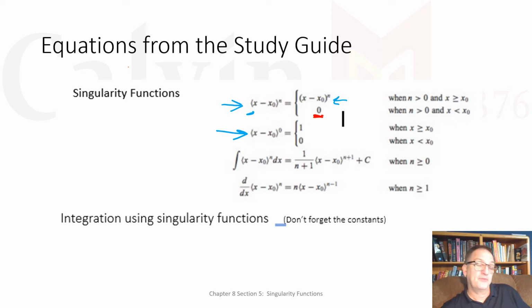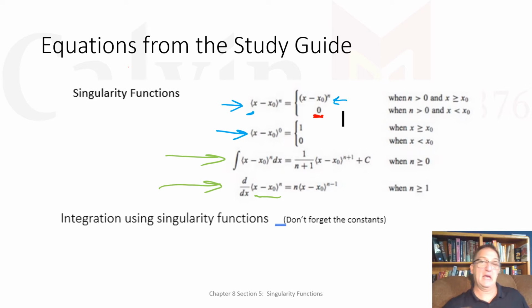Then where this gets interesting is I want to give you, and these aren't necessarily rules, we could derive these if we wanted to go through the calculus, but the rules for integration and the rules for derivatives. And I think derivatives are easier to follow. So if I take the derivative of x minus xo raised to the nth power, you know what it's going to be.